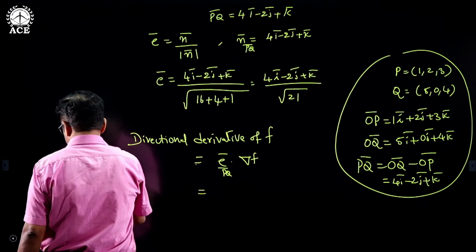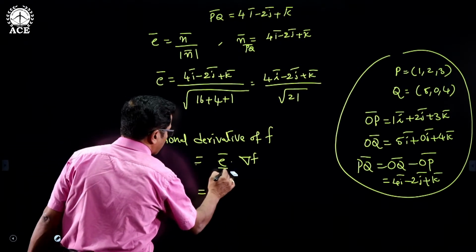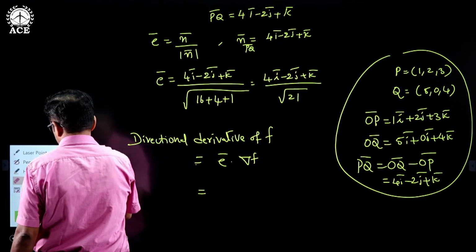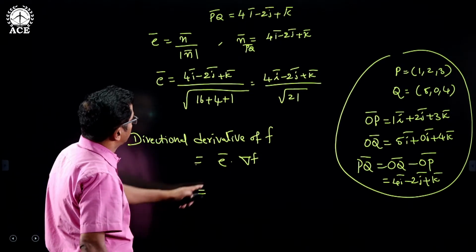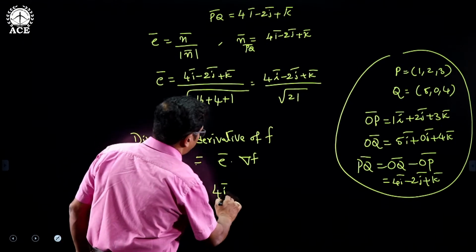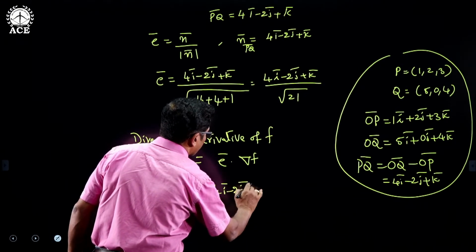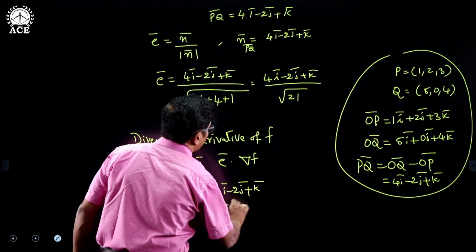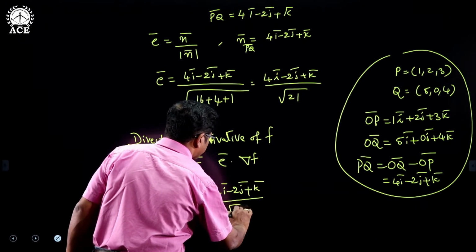Here there is no need to mention PQ bar. I am just saying E bar equals (4i bar minus 2j bar plus k bar) by root of 21.